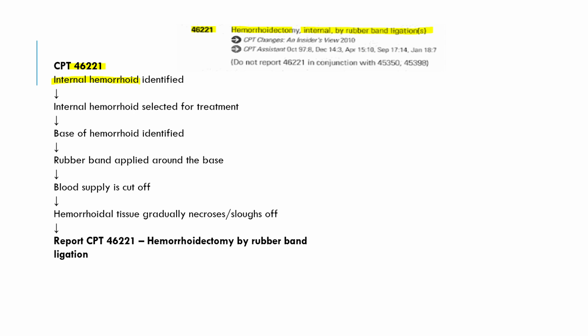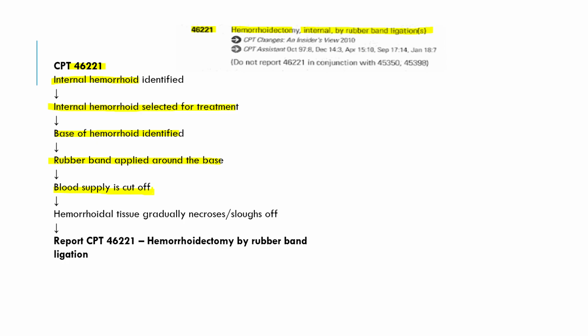He will identify the internal hemorrhoid and select it for the treatment. He will identify the base of the hemorrhoid and apply the rubber band around the base. He will cut off the blood supply.